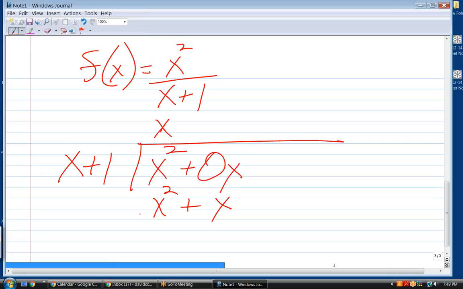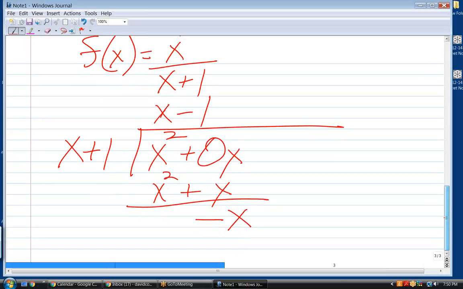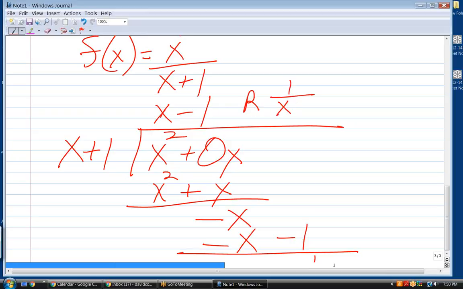And then I subtract. So I have minus x. Now do the whole process over again. X goes into minus x minus 1 time. Multiply that by both terms. I get minus x minus 1. Subtract, I get 1. So my answer is x minus 1 with a remainder of 1 divided by x plus 1.